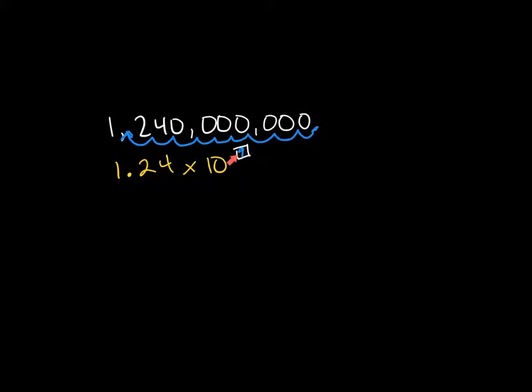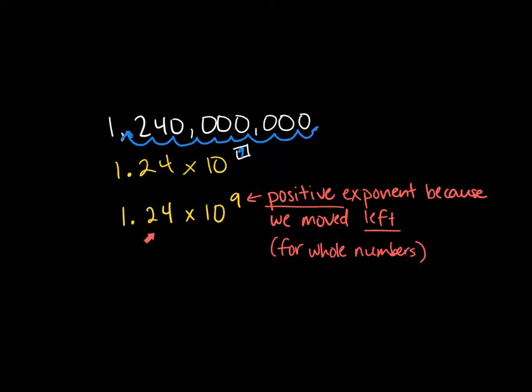It will remain positive. Again, I always have to have my decimal right after the very first non-zero digit, so when I'm counting my spaces, I stop right after the first non-zero digit, between the 1 and the 2. So we got 1.24 times 10 to the 9th power, and the 9 is positive because when we were moving our spaces over, moving over digits, we had to move to the left.